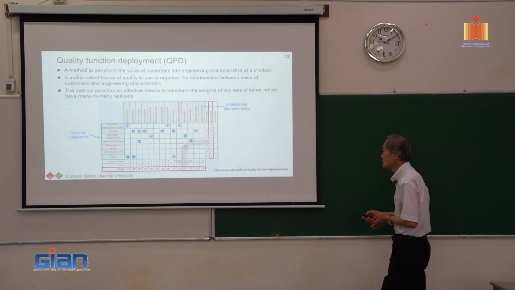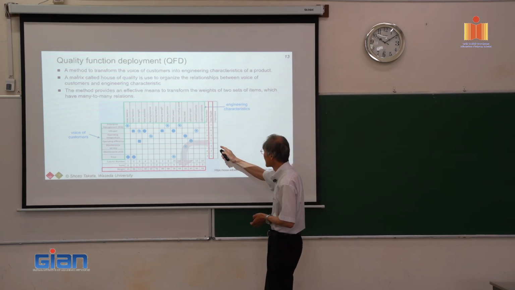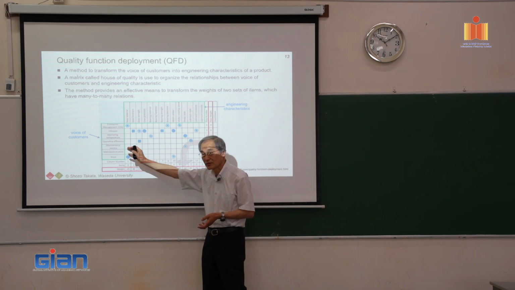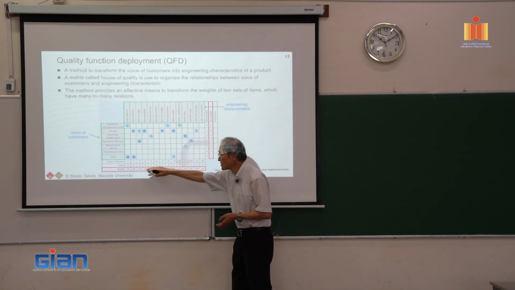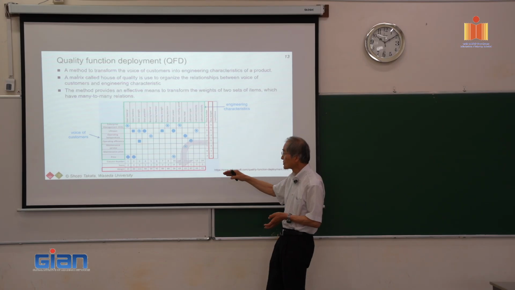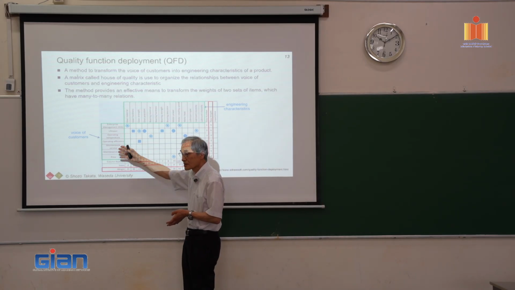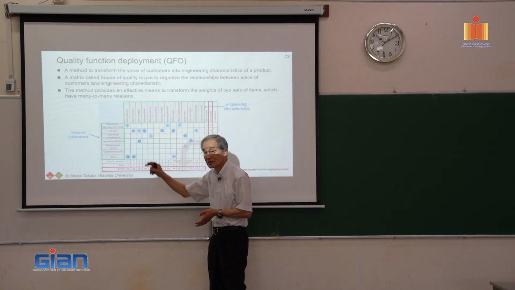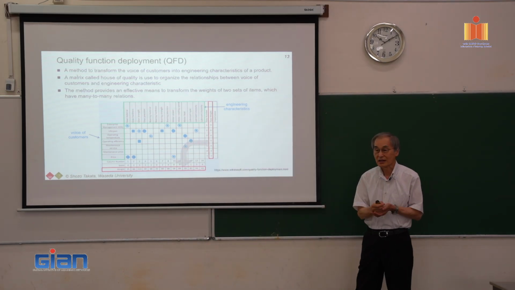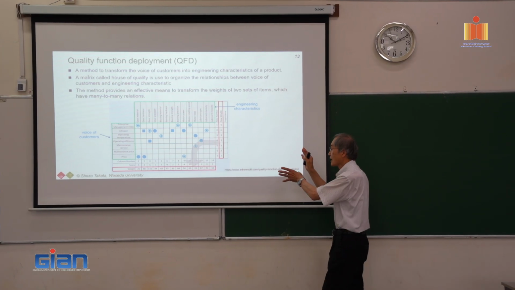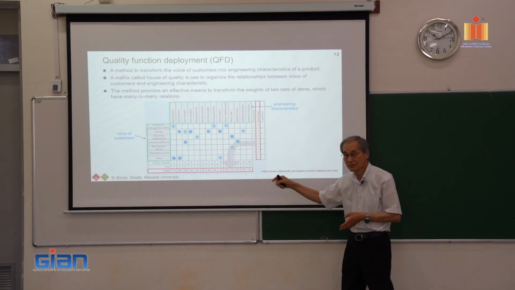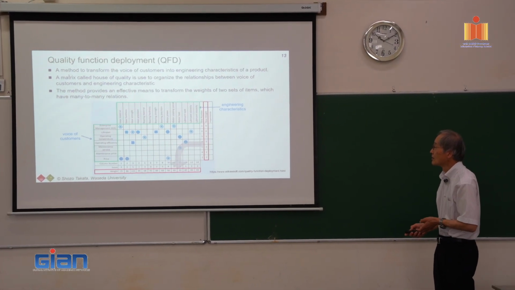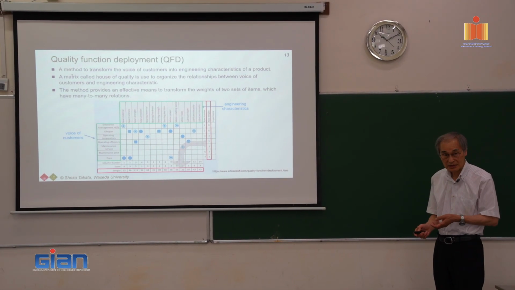And what we want to do is transform this weight of the voice of customers to the engineering characteristics. So to satisfy the customer's need, which engineering characteristic is important for the designer? This can be analyzed by this matrix. So this is the so-called QFD matrix.